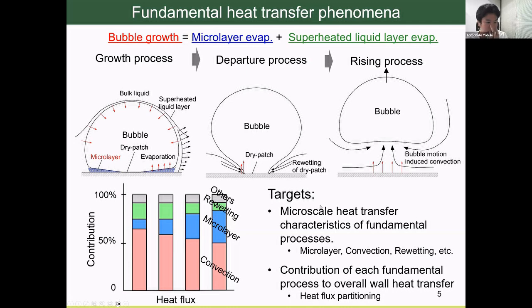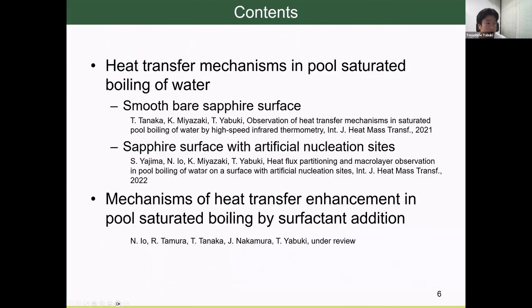The main targets are to investigate the microscale heat transfer characteristics of these fundamental processes, and also to investigate the contribution of each fundamental heat transfer process to overall wall heat transfer through heat flux partitioning analysis. Today I have two topics.